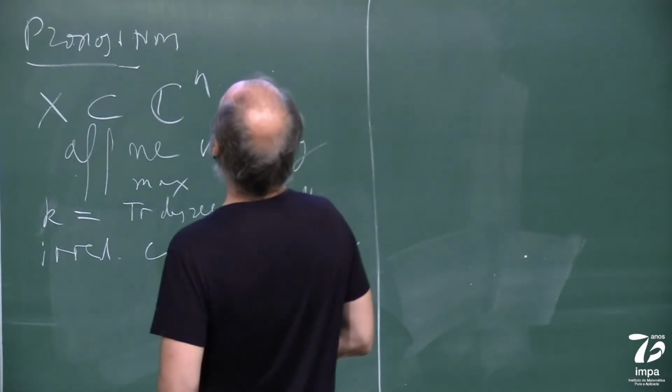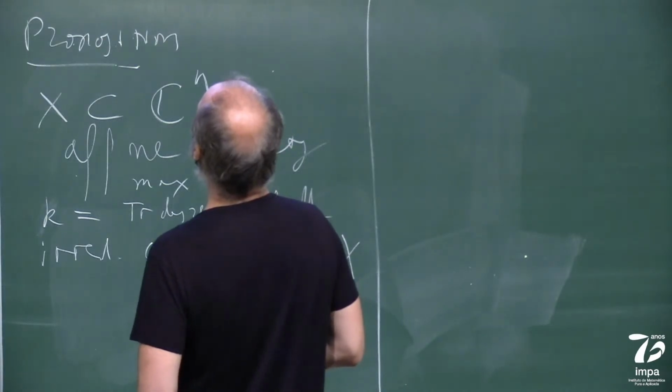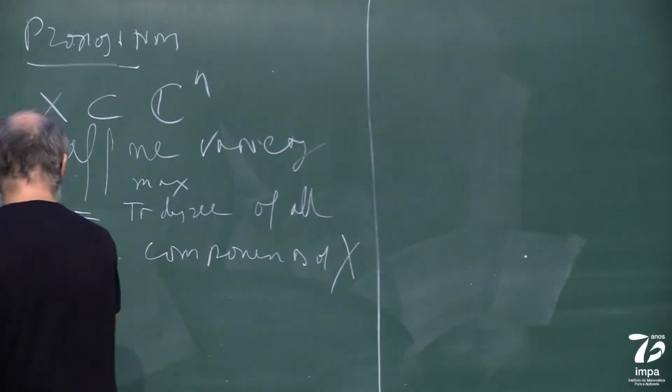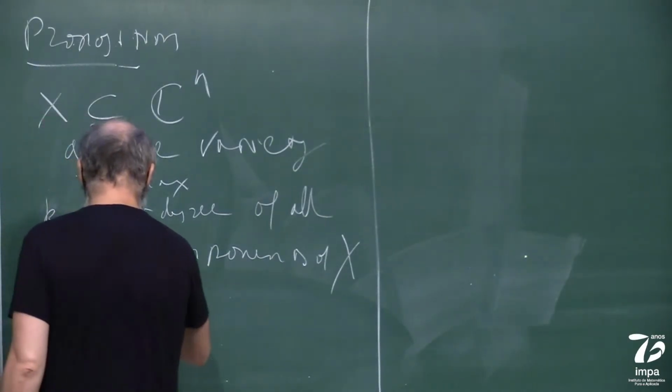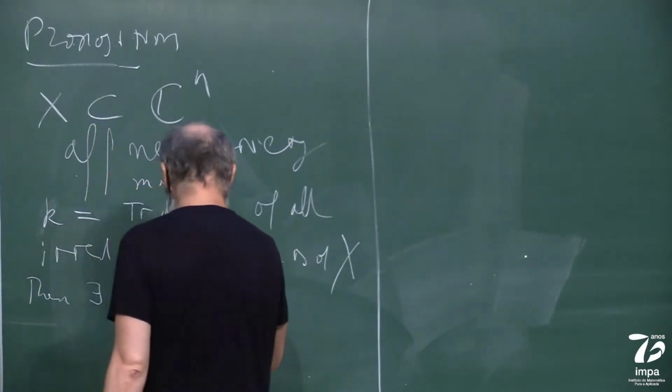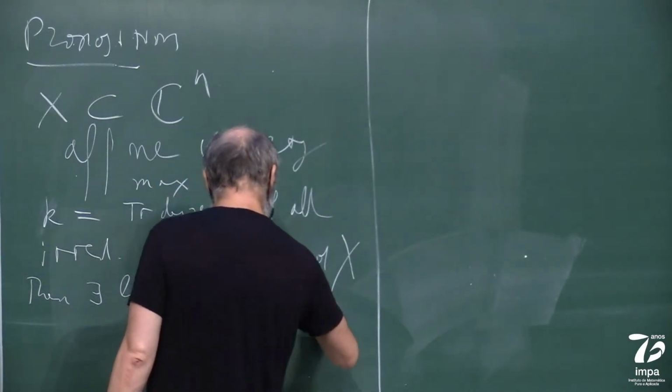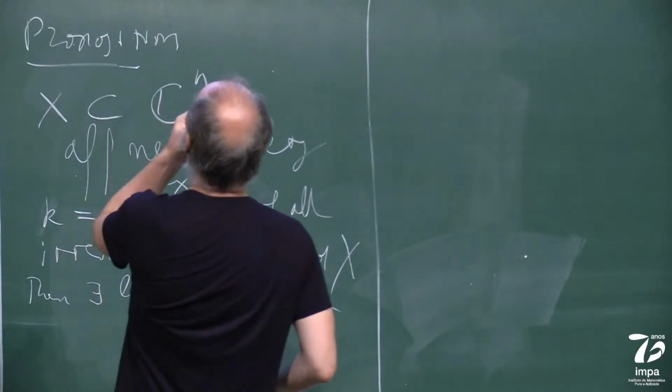Then there exists a linear coordinate change, and here I should again choose all lambdas.